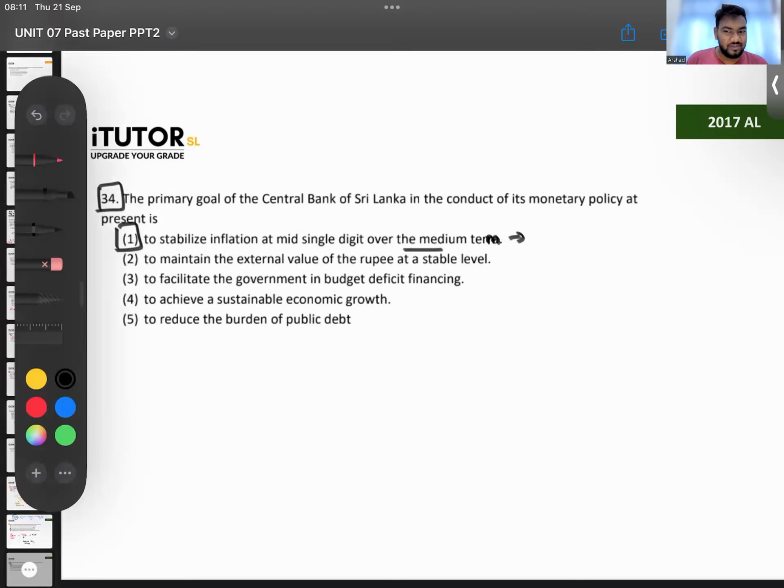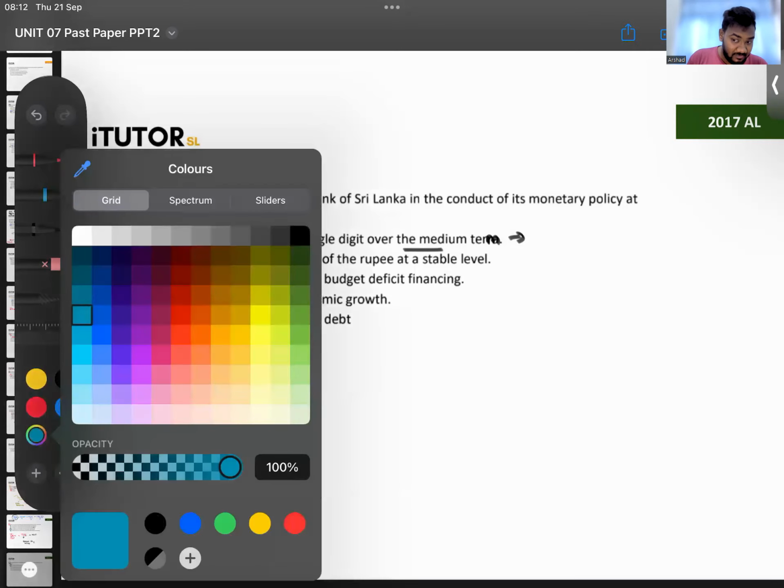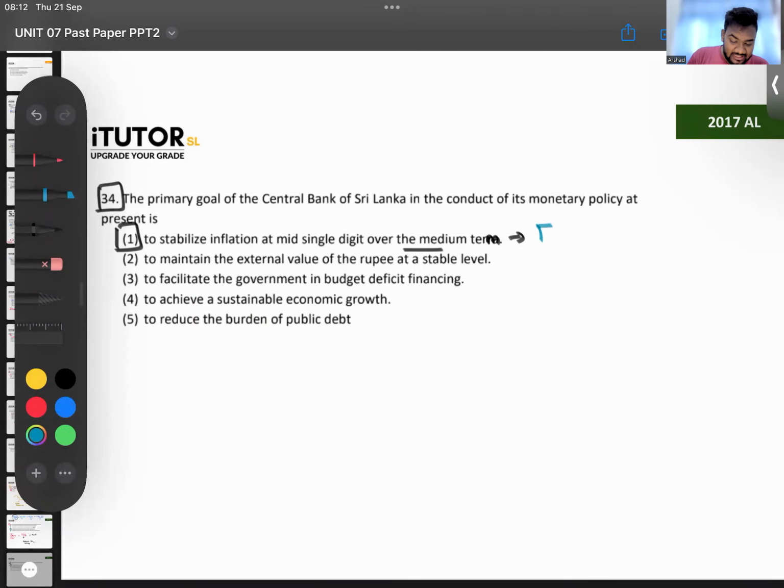What is this framework? It's called FIT. In other words, flexible inflation target.